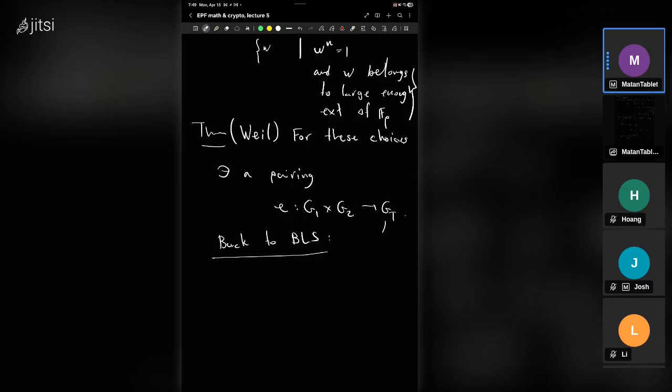Remember, I have a hash function into G1. G1, I know what is G1. G1 is E(F_p)[r], the r-torsion.